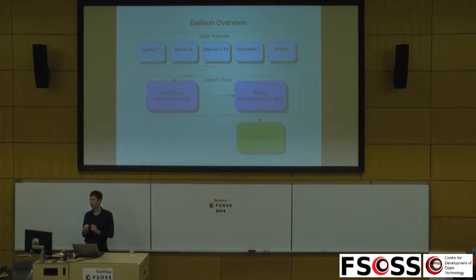If you want to add support for a new API, you just add a new state tracker and reuse the existing pipe driver implementation. Or if you want to port the drivers to a new operating system, all you have to do is implement a different WinSys, and you can reuse all the API and pipe driver code. It's a really good design, and it's made it easy for us to reuse code and support all these different APIs with a relatively small number of developers.